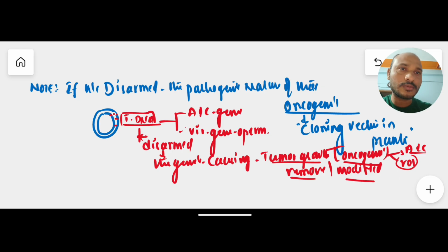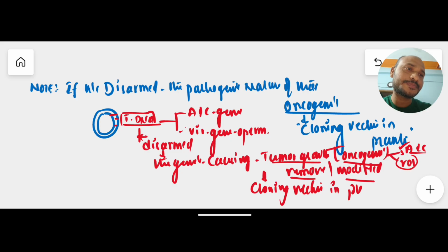I am talking about tDNA related. So here we can remove this auxin and cytokinin gene from tDNA, and then we can use them as a cloning vector in plants. Hence Agrobacterium tumefaciens is also known as a natural genetic engineer. Very, very important.